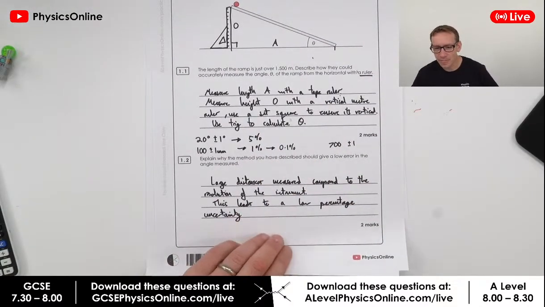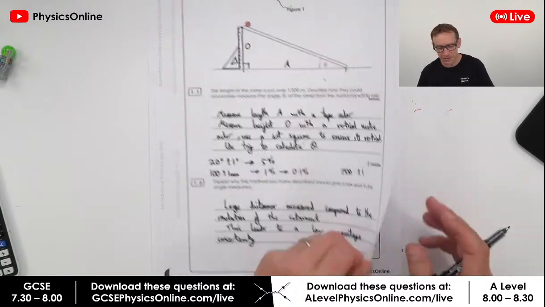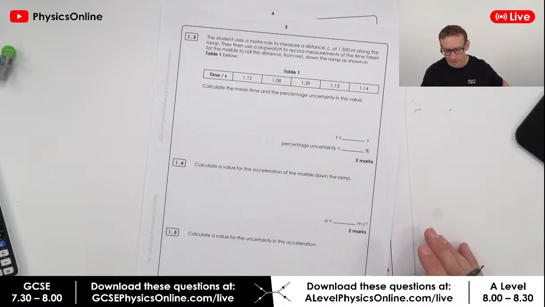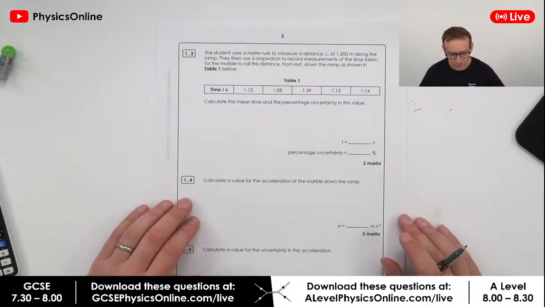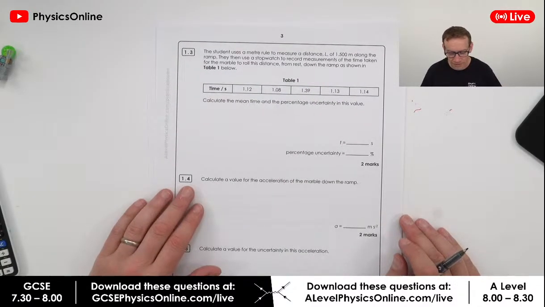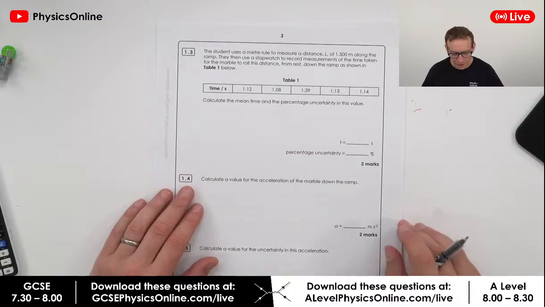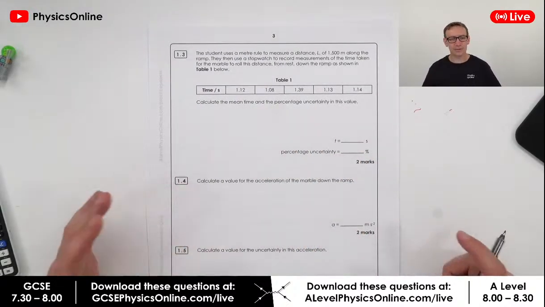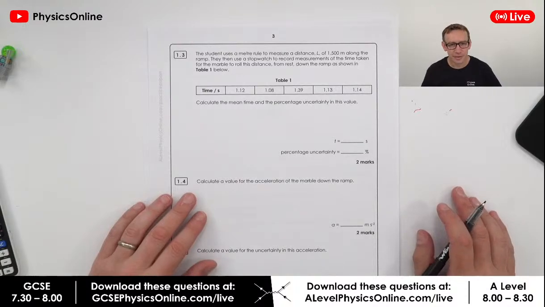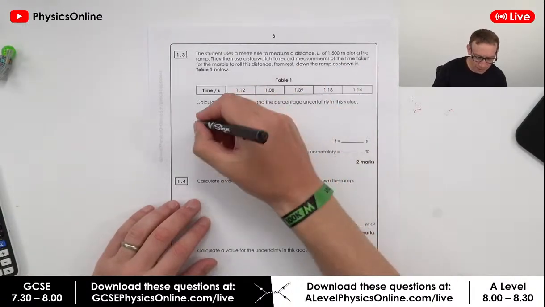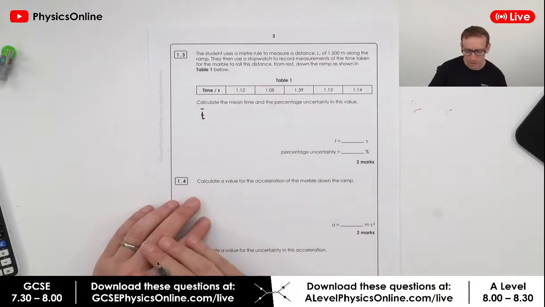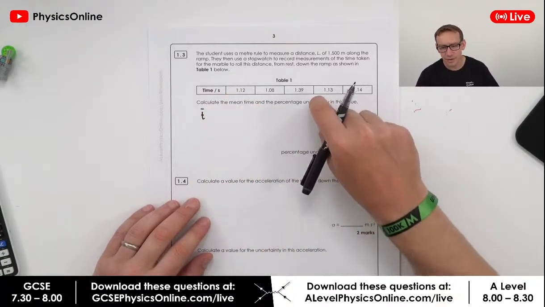Okay, good. Right, the next question says, the student uses a meter ruler to measure a distance L of 1.5 meter along the ramp. They use a stopwatch to record measurements of the time taken. Calculate the mean time and the percentage uncertainty in this value. So the first one is just a bit of simple data. But of course, in order to calculate the mean value for time, T with a small bar above it, what we need to do is add these up and divide by the number.